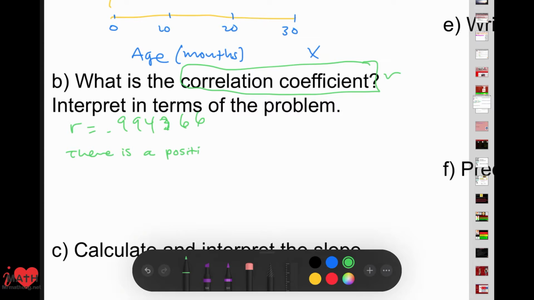Is this weak, moderate, or strong? It is strong correlation. What are my two variables? Between age and height.